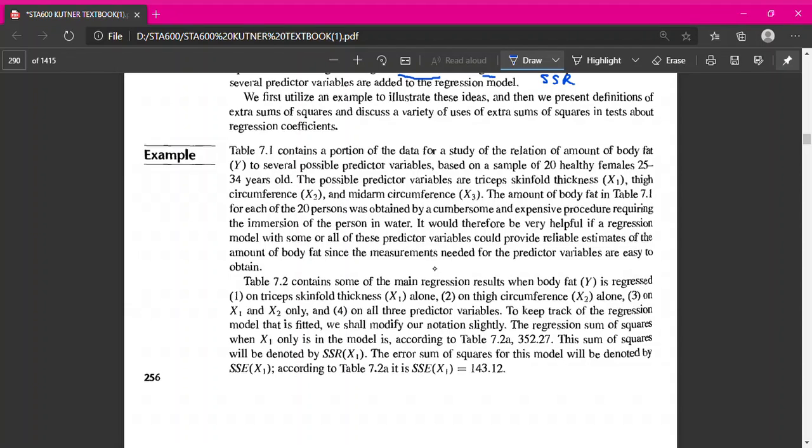Alright, so kat sini, it would therefore be very helpful if a regression model with some or all of these predictor variables could provide a reliable estimate of the amount of body fat.